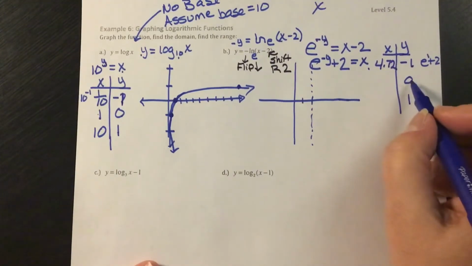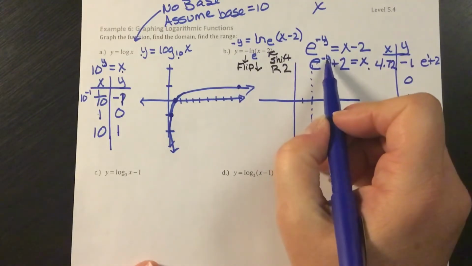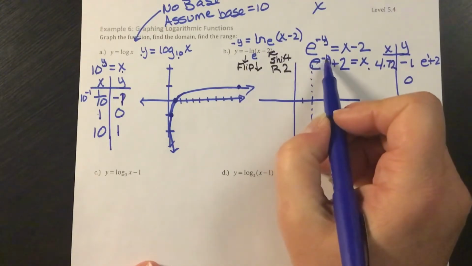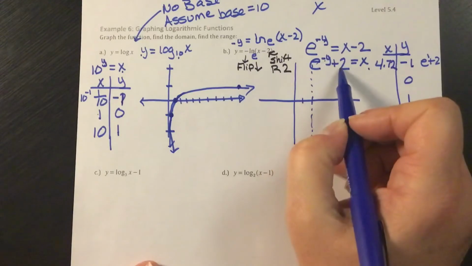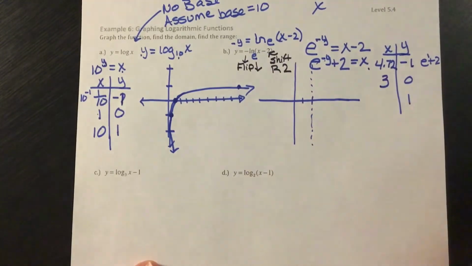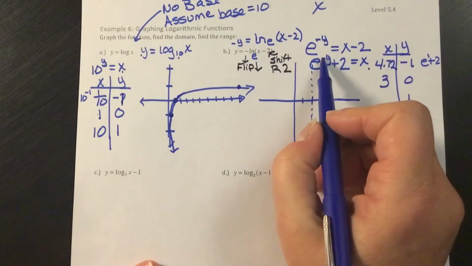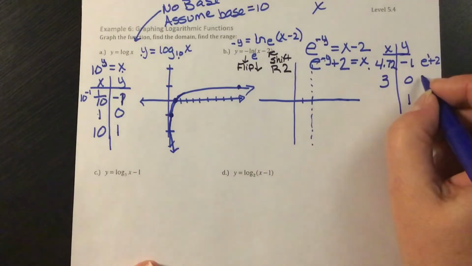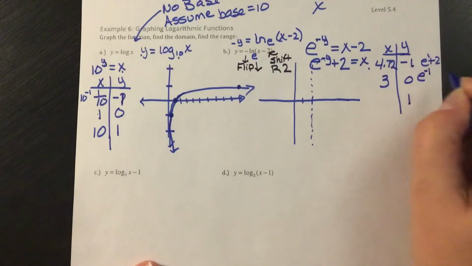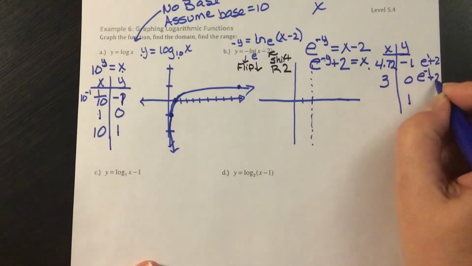If I have 0, the opposite of 0 is 0. So e to the 0 power is 1, plus 2 is 3. And if I put a 1 here, I'm going to have e to the -1st power, and then add 2.